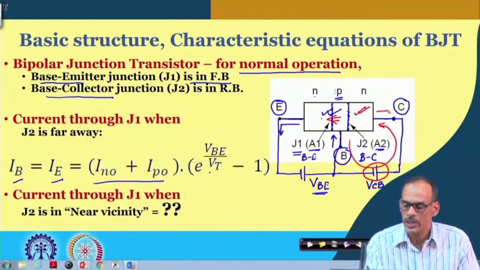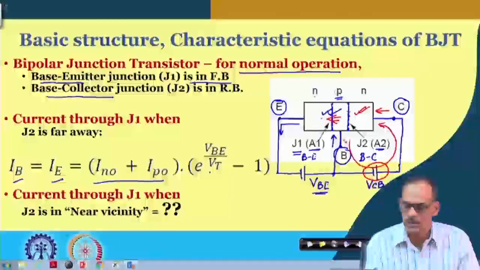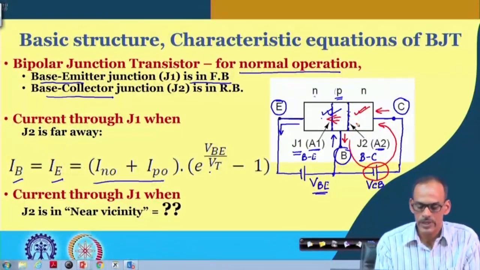The current enters the device through the collector terminal and departs the base terminal, and for this junction the current is again well defined by a similar kind of relationship.